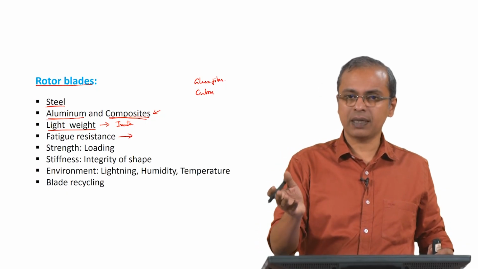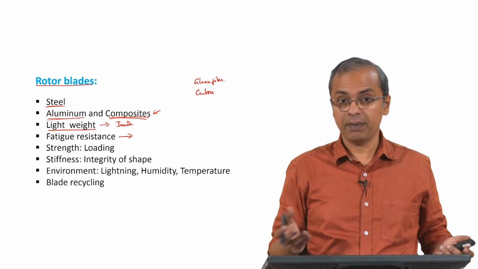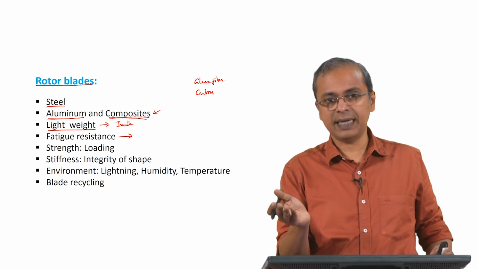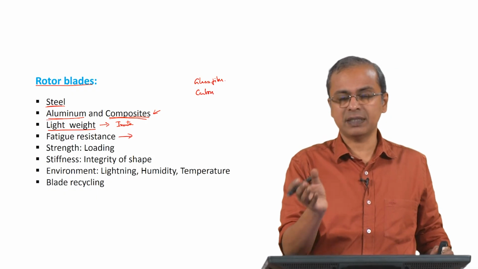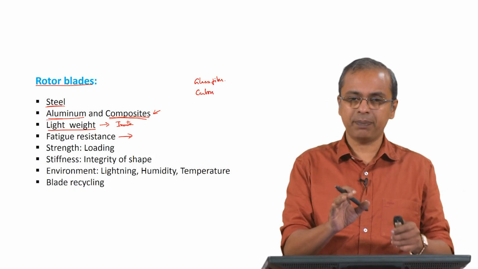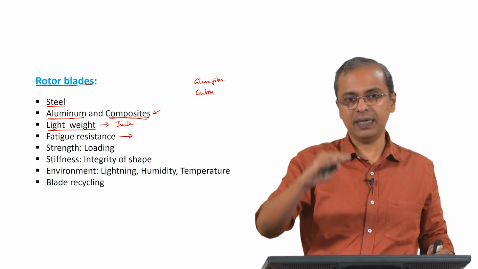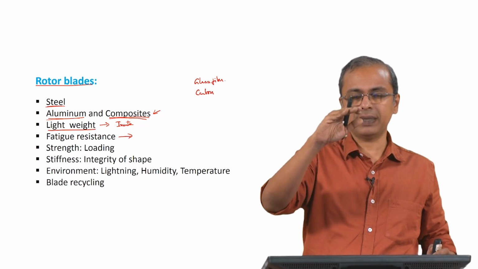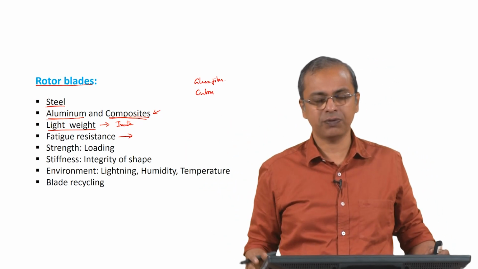Just because it goes over a poorly built road does not mean all the parts in the vehicle have failed, but those parts have been stressed in one direction and in the other direction repeatedly, with very small stress levels. The stress level was not high enough to damage the part, but it went through an increase in stress, a decrease in stress, and it may not even have been periodic. It will go up and stay up for a little while, then suddenly drop down, come back up, etc. So, you will have a wide range of loading.